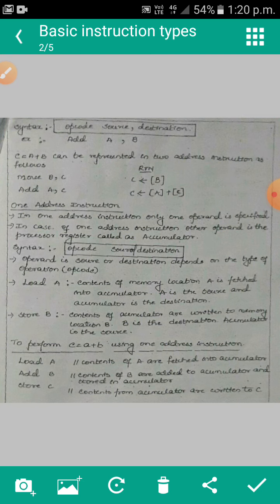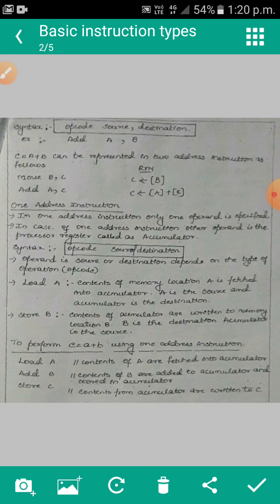So the value stored in location A is fetched and stored into the accumulator register. In this case A is the source and the accumulator is the destination. We are fetching from A and storing it to the accumulator.